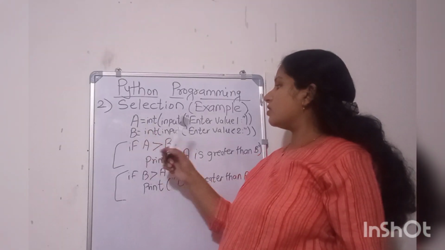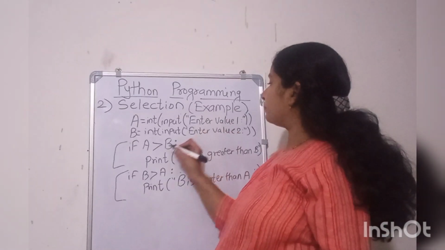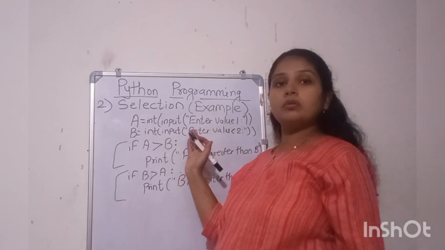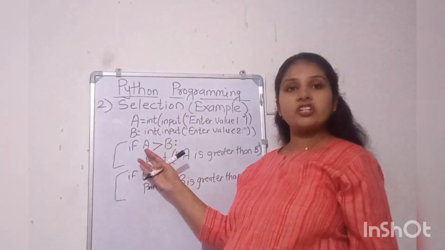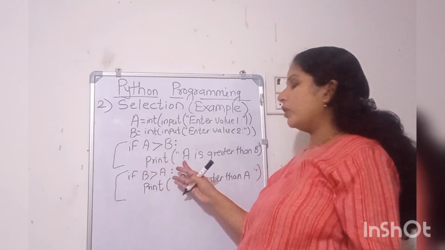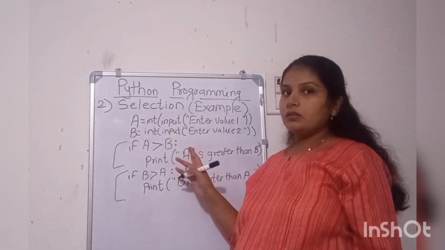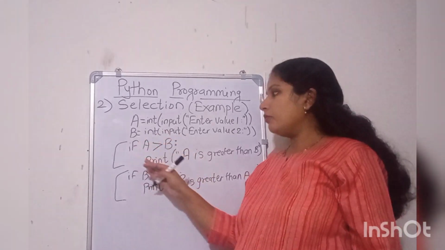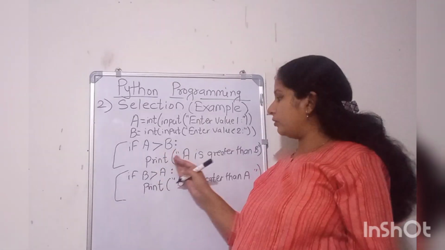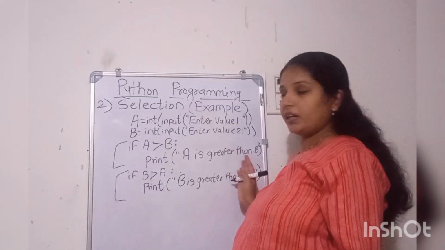First, suppose A equals 50 and B equals 30. Then the first condition will be true and you display the first message, which is A is greater than B. If the first condition is true, then this message will be printed.